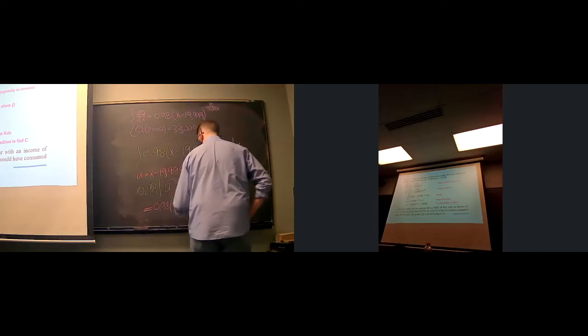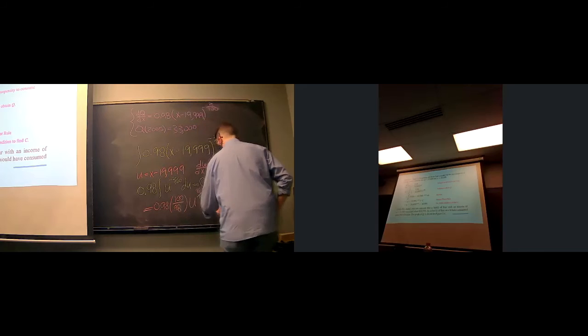So this is going to give us 0.98 divided by 100 over 98 times u to the 98 divided by 100, all plus c.